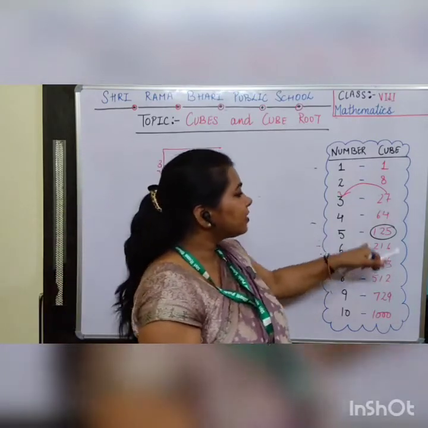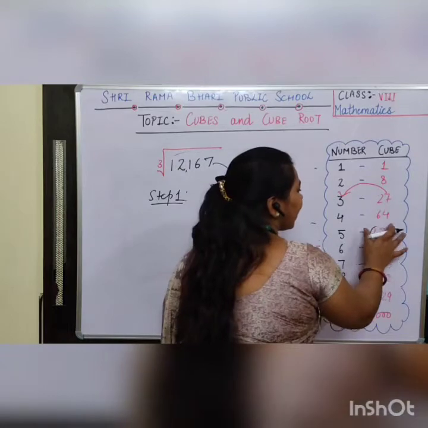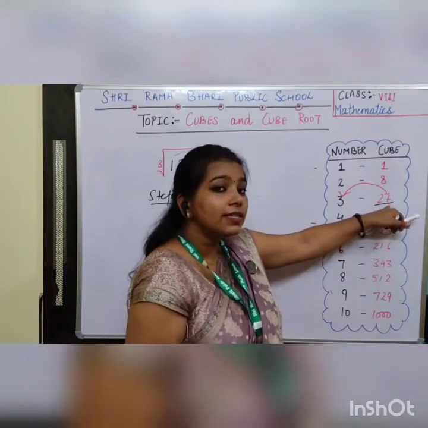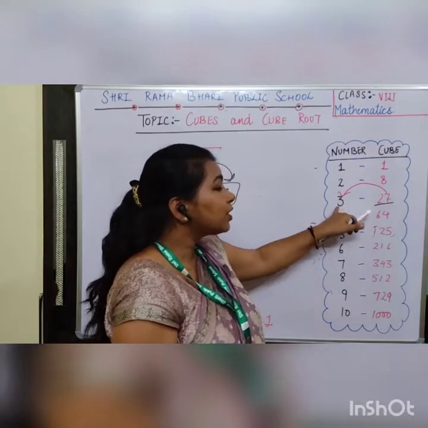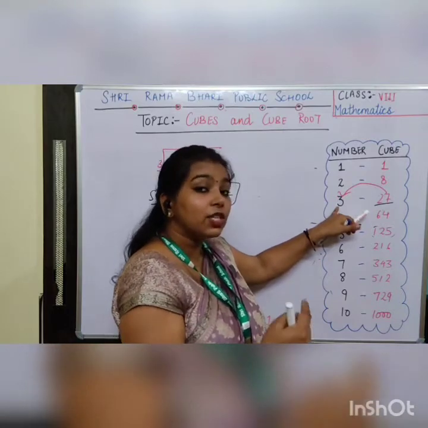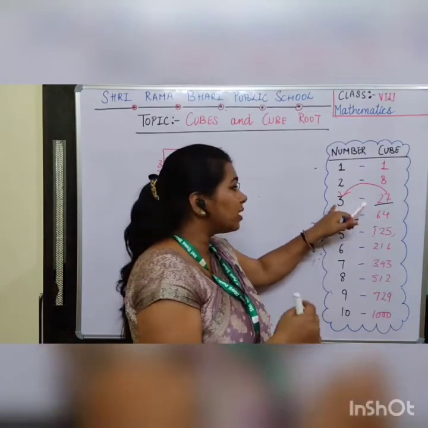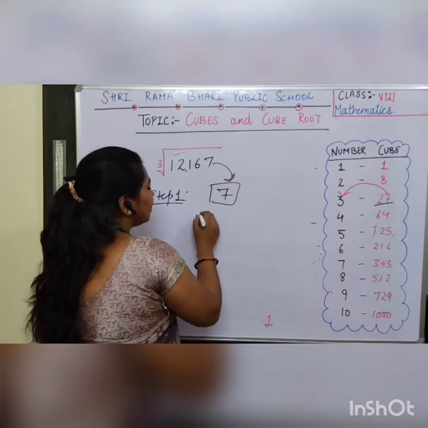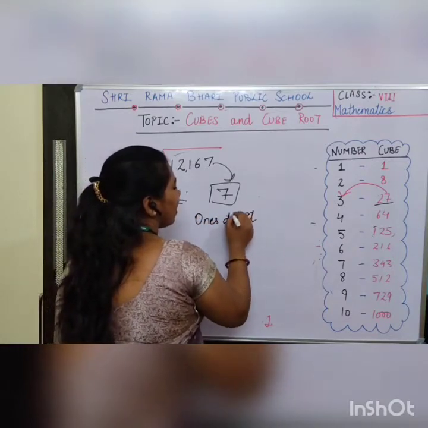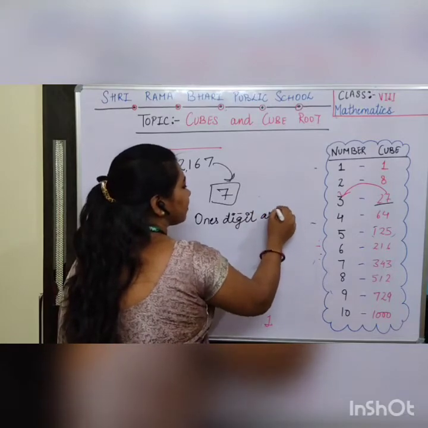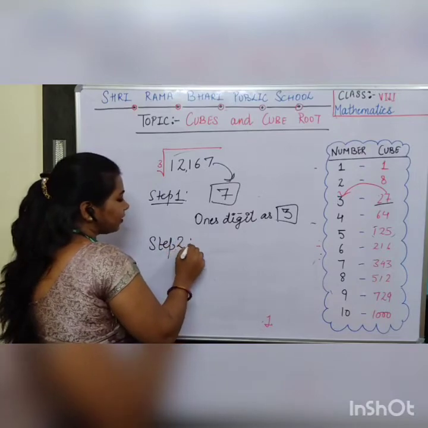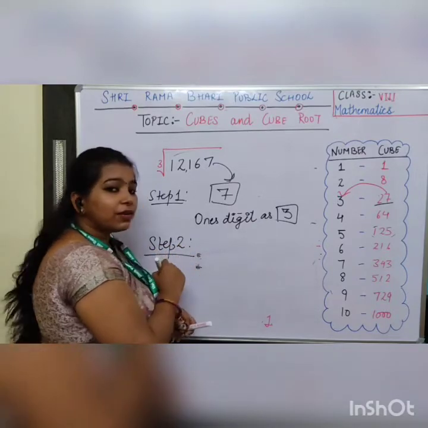We can refer to this table, and here we can see that the cube ending in 7 is 3 cube. So the ones digit of the cube root will be 3.